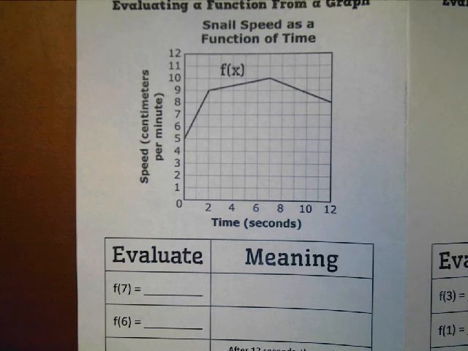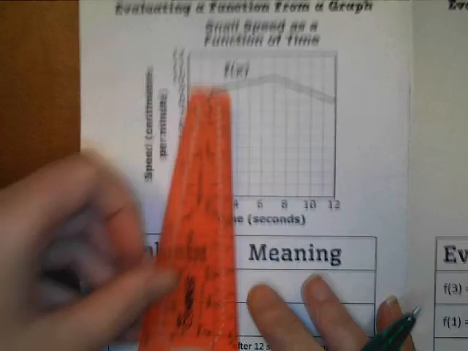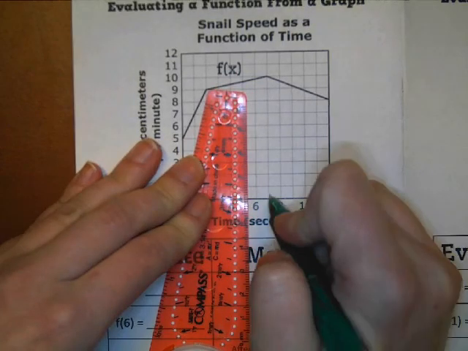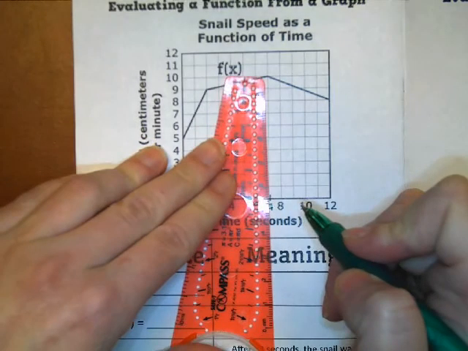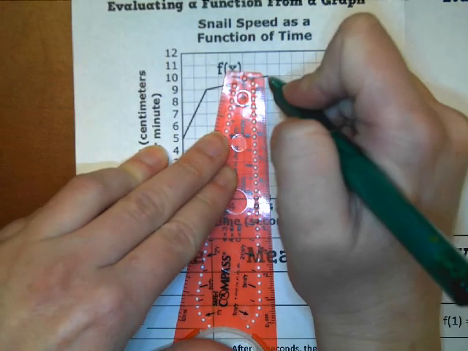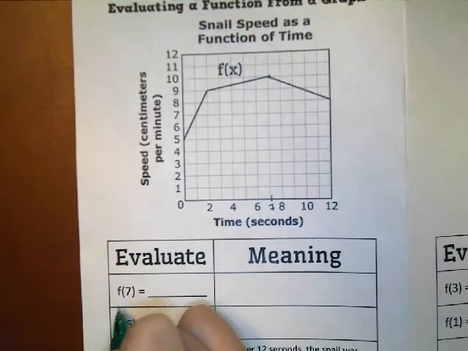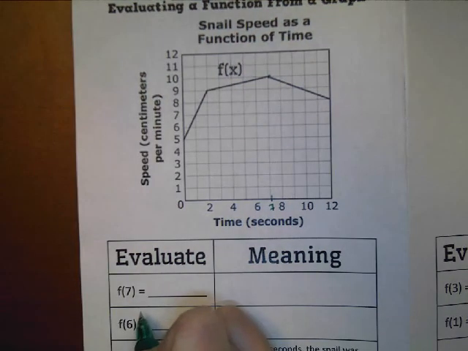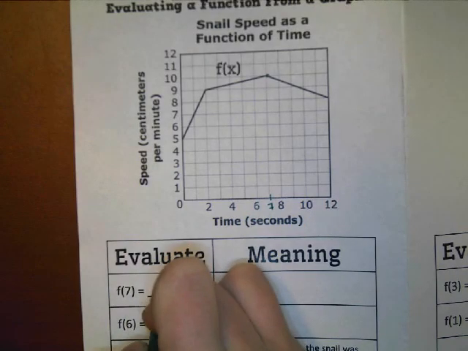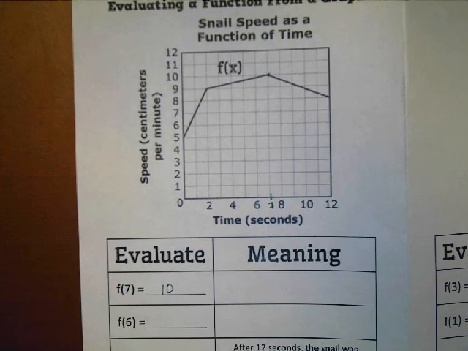Any guesses? Just look at the graph. What am I looking at in the graph? Where 7 is. Okay, so I'm looking for the 7. When x is 7, what is y? 10. Yeah. So f of 7 equals 10.